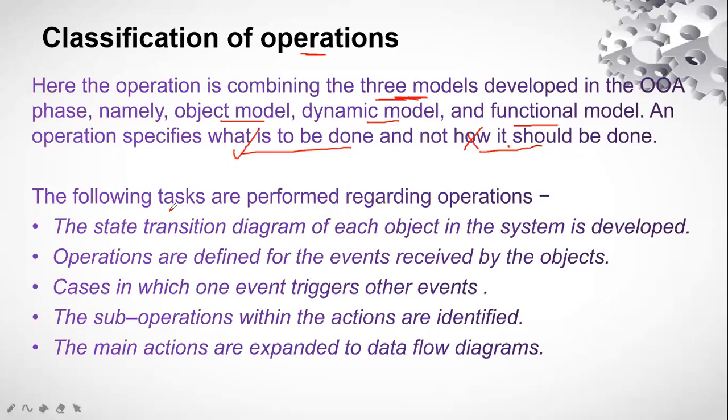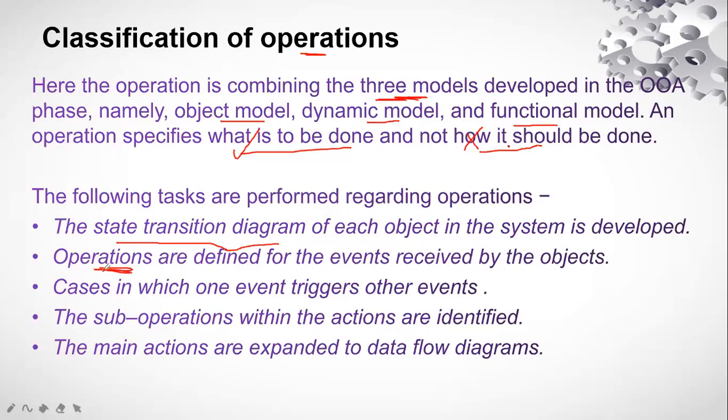So what are the tasks we are going to perform? First of all, for each object, we are going to create a state transition diagram. This is a very important part. That means after the identification of objects and classes, defining the associations and links among them, and then defining the hierarchical association among them, we need to develop the state transition diagram for each object. Then we are going to define the operations.